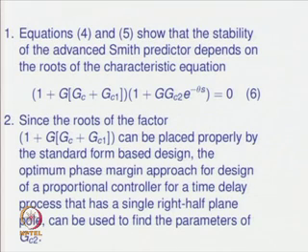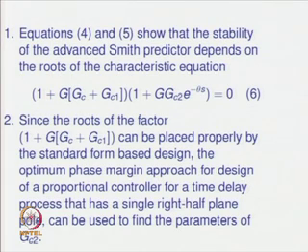Earlier we designed controllers Gc and Gc1 based on equation 4. Since the roots of the factor 1 plus G Gc plus Gc1 can be placed properly by the standard form based design, which we are going to discuss after some time, the optimum phase margin approach for design of a proportional controller for a time delay process that has a single right half plane pole can be used to find the parameter of Gc2.